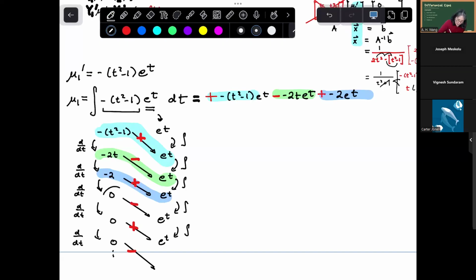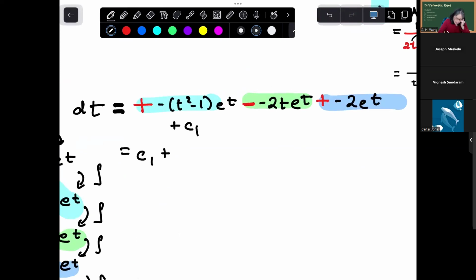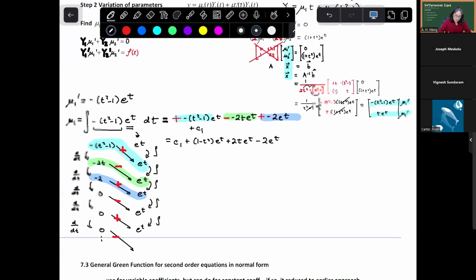Everybody else is all zeros. Then plus C1, so write your C1 first. C1 plus, and when I look at this I can just go 1 minus t squared, distributing the negative, e to the t plus 2t e to the t minus 2 e to the t. So this is the mu1.